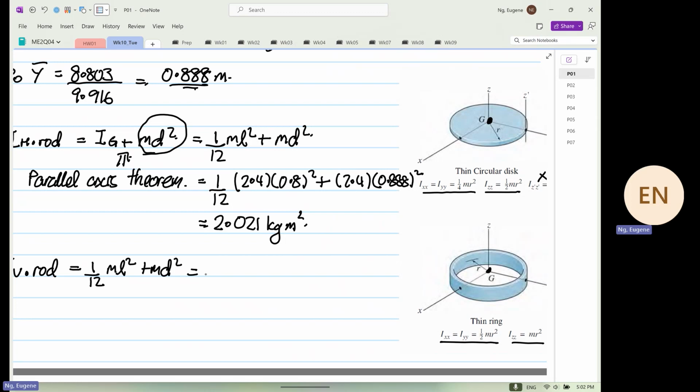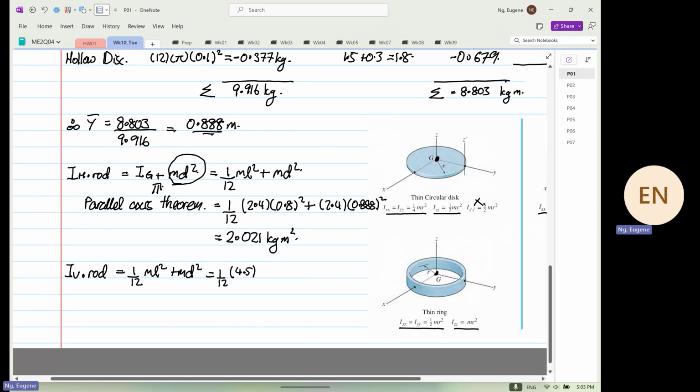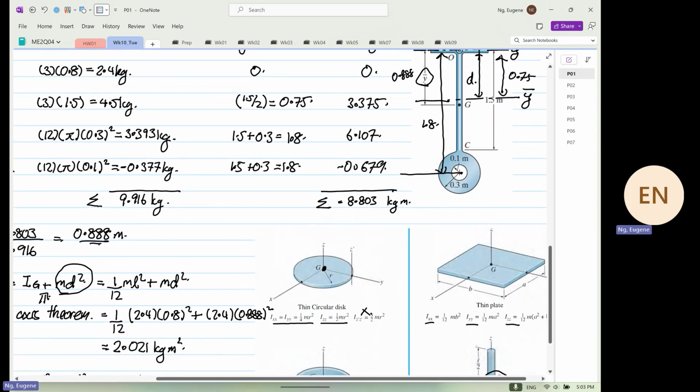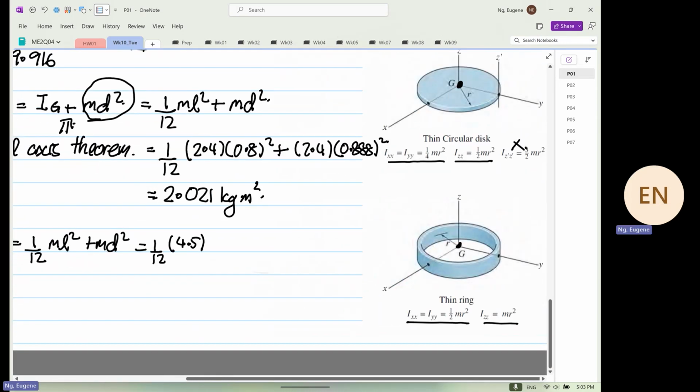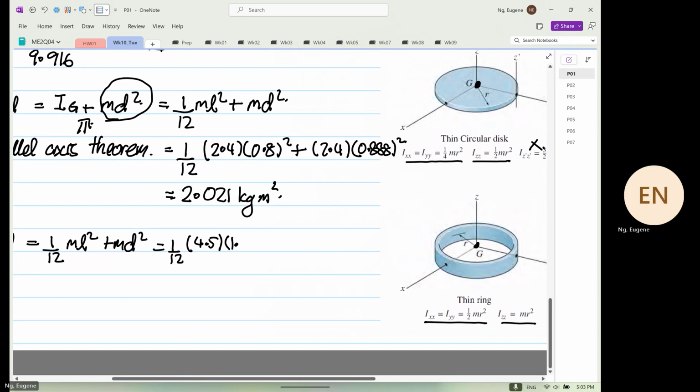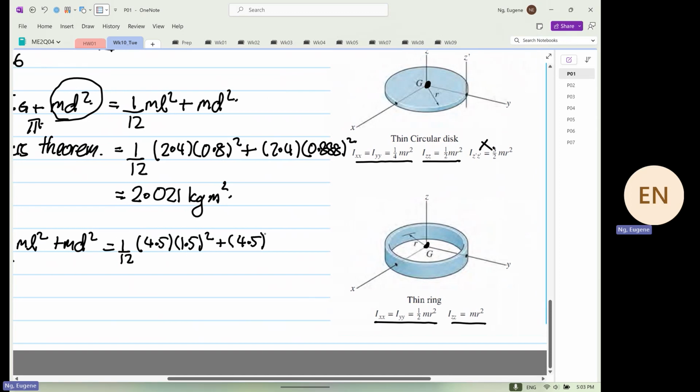So 1/12, the mass is equal to 4.5, the length is equal to 1.5, plus 4.5 multiplied by the distance. Now we have to be careful. The distance is equal to 0.888 minus 1.5 divided by 2, squared.